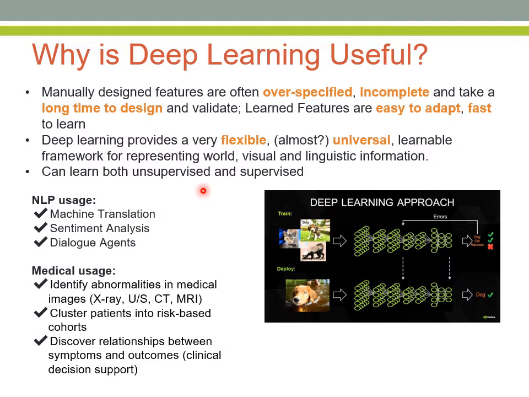In medical usage, we can use deep learning in order to identify abnormalities in a lot of medical images. That's X-rays, ultrasounds, CTs, and MRIs. We can use it to cluster patients into risk-based cohorts and to discover relationships between symptoms and outcomes for clinical decision support. And in fact, this is where deep learning is very often used.